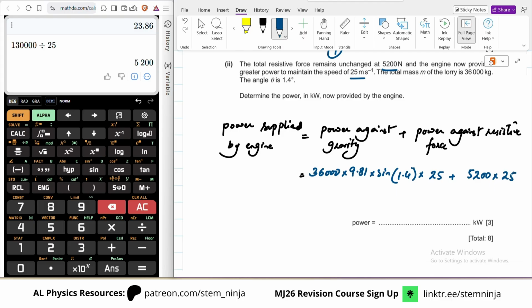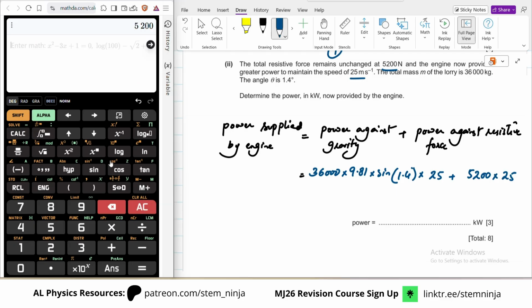And we need it in kilowatts. So first let's find it out in watts, and then we can convert it. Times sine 1.4 times 25 plus 5,200 times 25. So we get this.